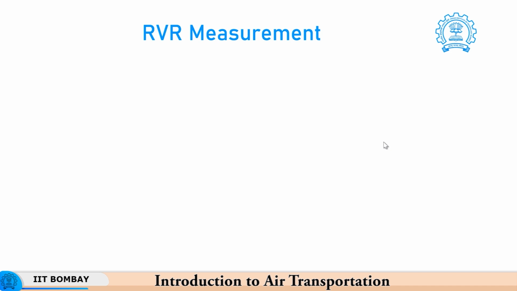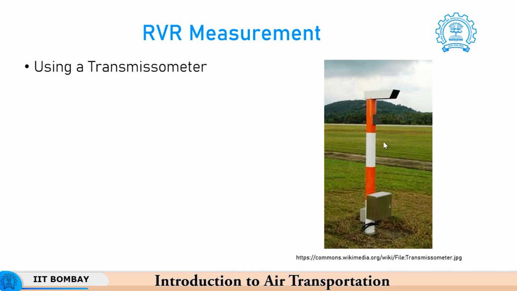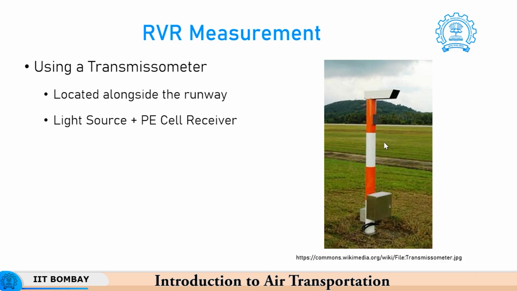How do you measure RVR? Earlier it used to be done by sending a person and he or she would just look and give an idea about the RVR, but that is an unscientific method and it is subjective. These days we use an instrument called a transmissometer, which is located along the side of the runway, and this essentially has a light source plus a photoelectric cell receiver.